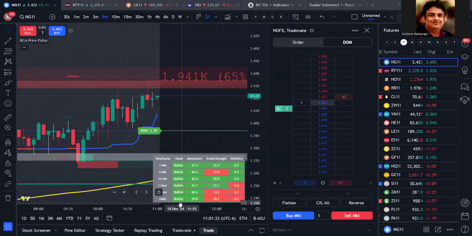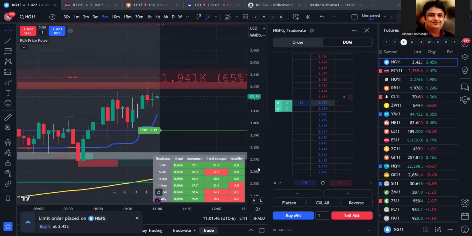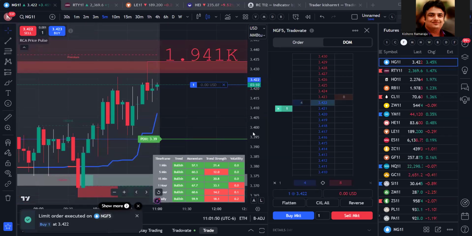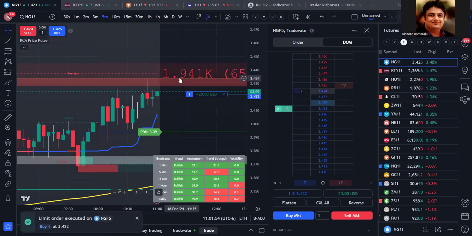So now your trend is completely green, momentum is completely green, but the trend strength is only 12 in 5 minutes. That means it is moving a little slow. So again, my target is around 3 point.